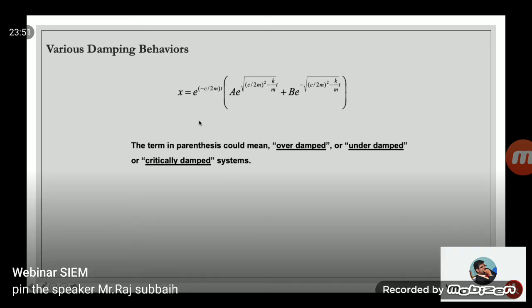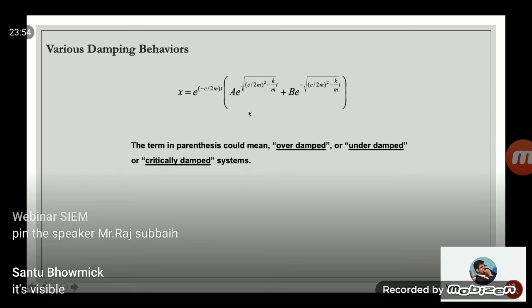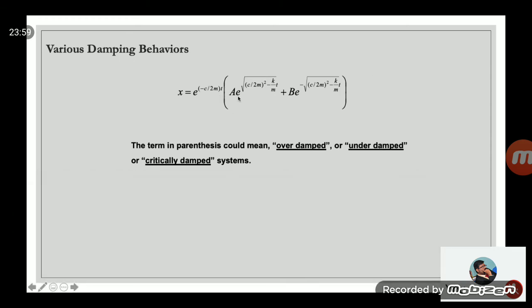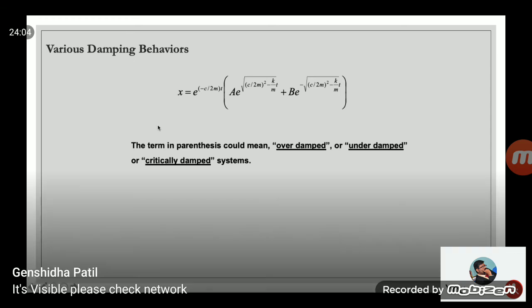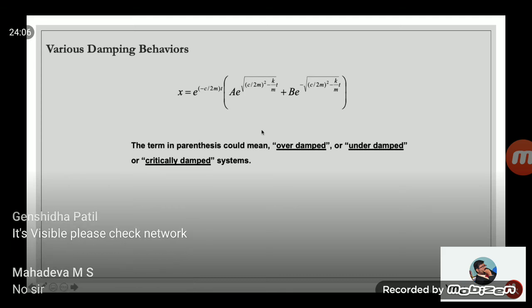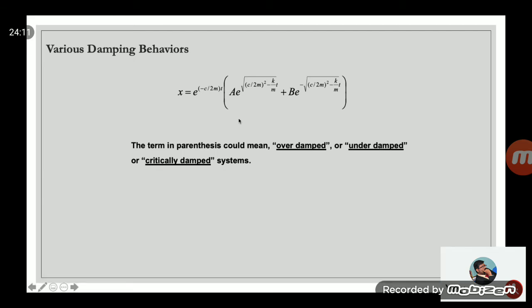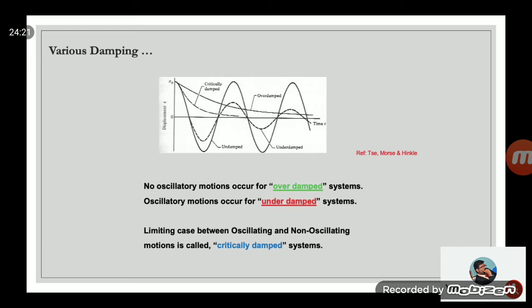So, various damping behaviors. Using this term, you can apply all the parameters, mass, stiffness and damping, and that gives you some idea of what kind of damping you have, whether it's overdamped, underdamped, or critically damped. That's what I'm plotting here, displacement versus time.